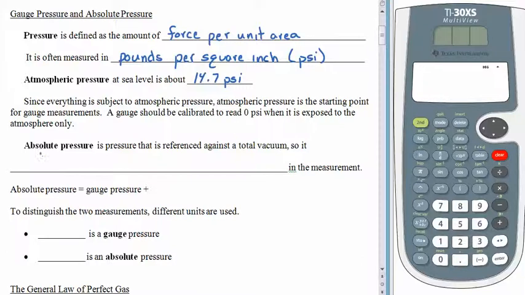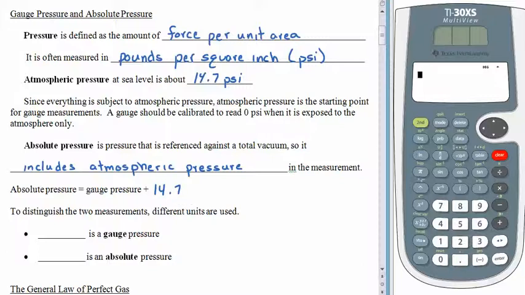So absolute pressure is pressure that is referenced against a total vacuum, so it includes atmospheric pressure in the measurement. If you want to figure out absolute pressure from gauge pressure, we just add in atmospheric pressure. So we add in the 14.7 psi.